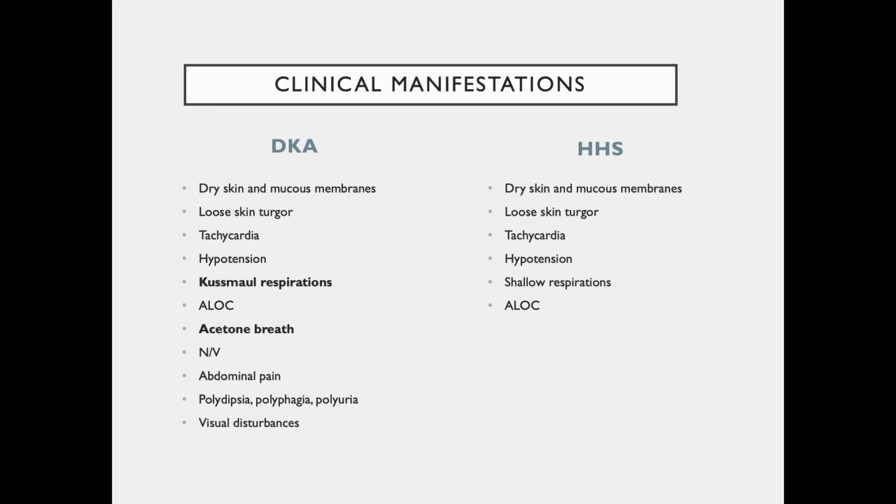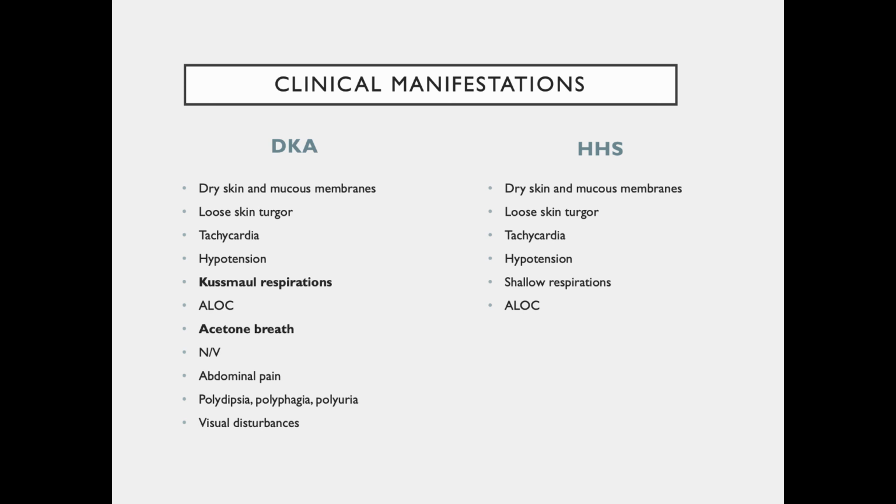With HHS, they tend to be very dry, with very loose skin turgor. Again, their kidneys are getting rid of so much water because of this hyperosmolar state that forces more fluid out at the kidney level. Hypotension results, and the patient gets tachycardic.